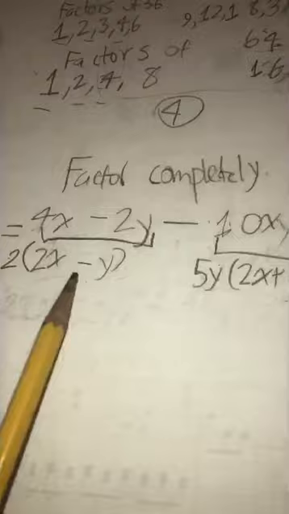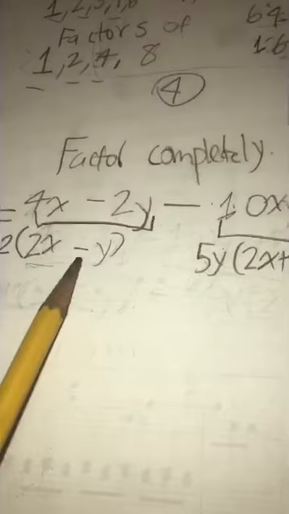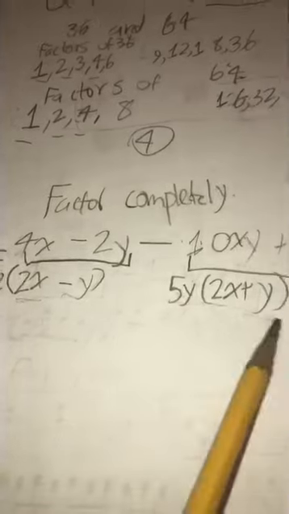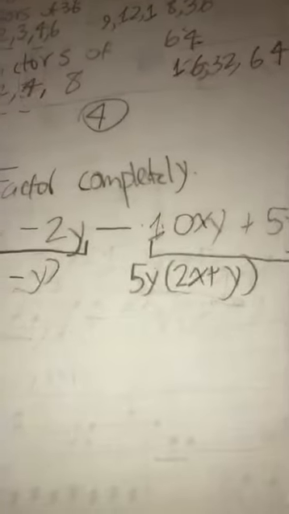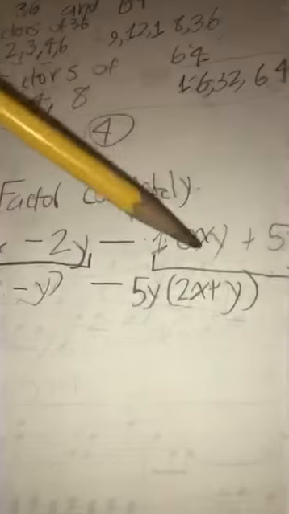This one is a minus, this one is a positive, but they have the same numbers in the parentheses. So we can simply factor out a negative 5, because it would still make sense, and it would be able to satisfy both of these factors.